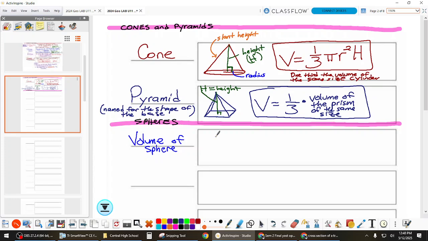Okay, so the volume of a sphere is 4/3 pi times radius cubed. You know it's a volume because it tells you r cubed.